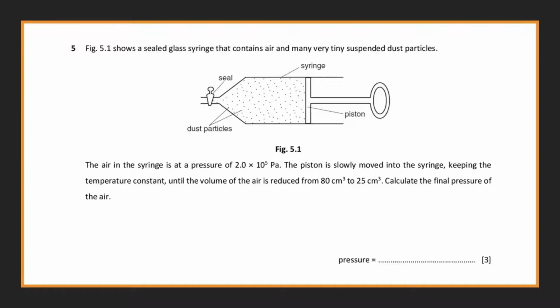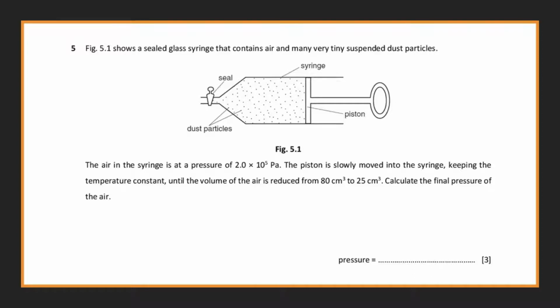The air in the syringe is at a pressure of 2.0 times 10 to the power of 5 Pascal. The piston is slowly moved into the syringe, keeping the temperature constant until the volume of the air is reduced from 80 cm³ to 25 cm³.